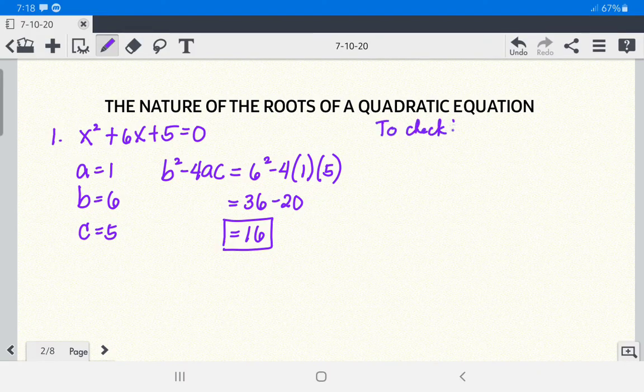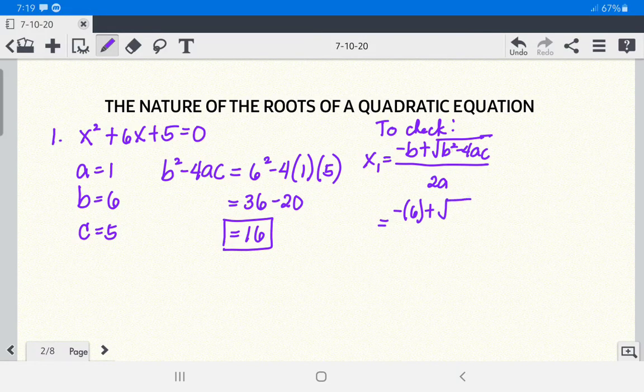To check, let us find the first and then the second root using the formula: x1 is equal to negative b plus square root of b squared minus 4ac over 2a. So we have negative, the value of b is 6, plus square root of, we all know that b squared minus 4ac is 16 from the solved discriminant, over 2 times 1.